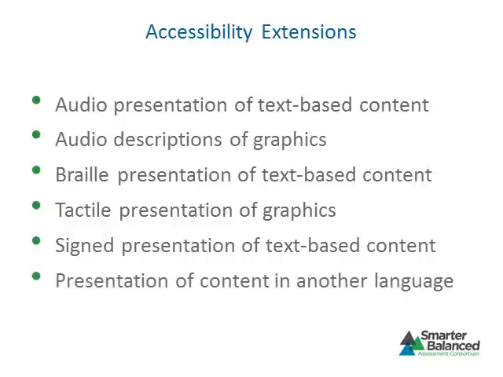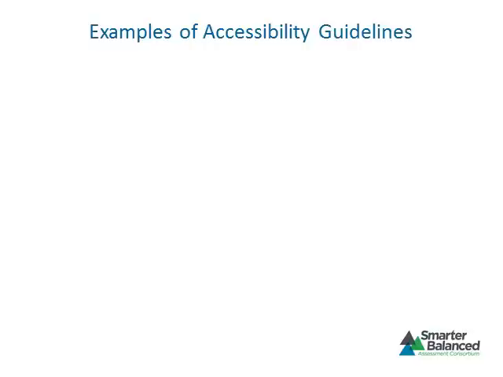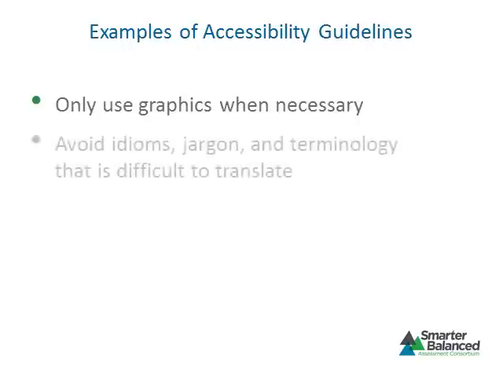To reduce challenges that may interfere with the development of accessibility extensions, the General Accessibility Guidelines describe many issues that should be considered when designing an item or task. As a few examples, graphics should only be used when necessary and should contain only the information needed for the problem at hand.